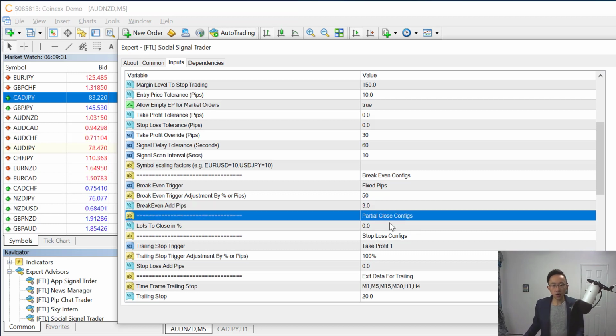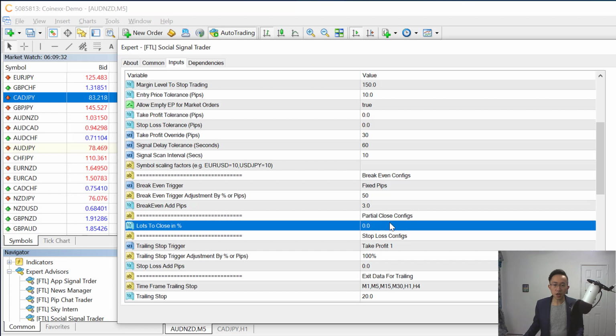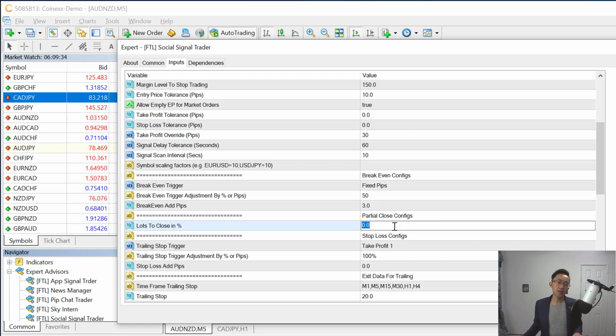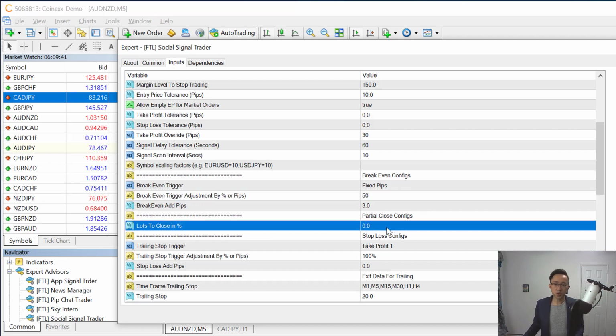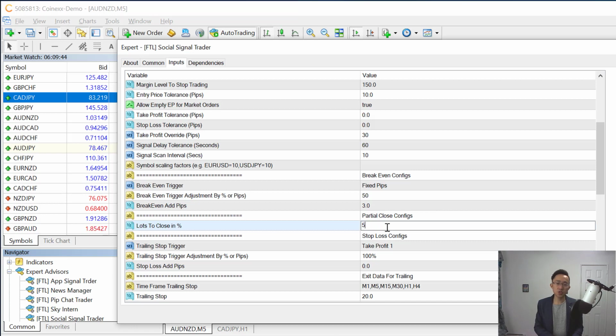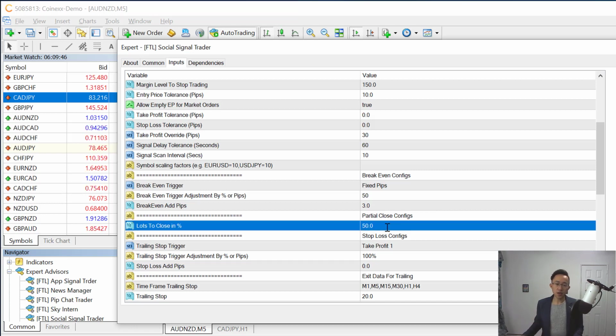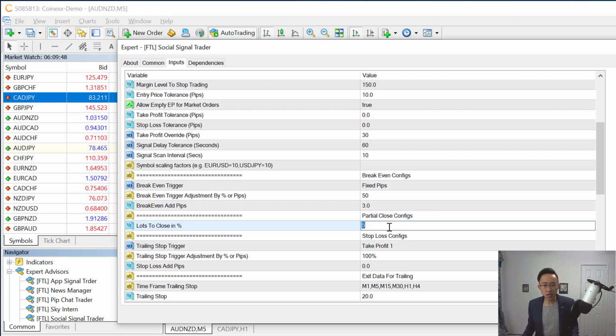And you can also set partial close. So let's say when it reaches 50 pips from my entry price, I want to close 50%. In this case, you don't have to type in the percentage sign here.